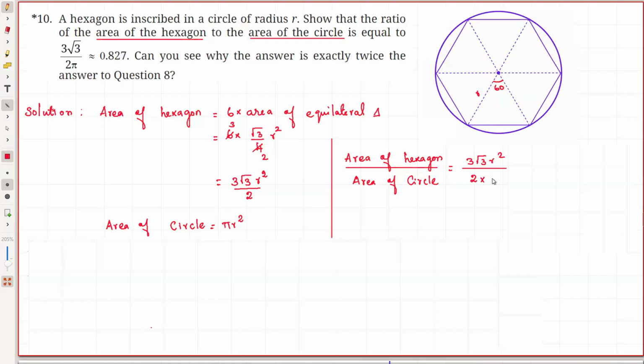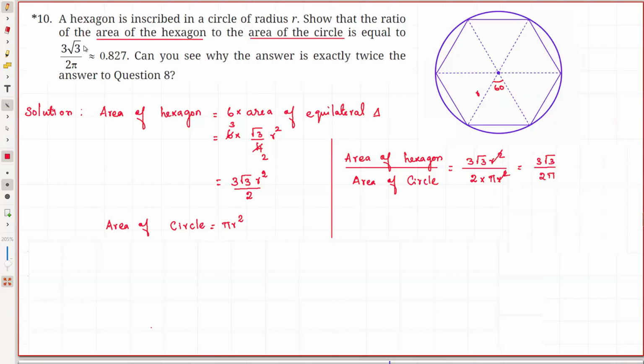Area of the circle is pi r square. Here r square gets cancelled. So we are getting 3 root 3 divided by 2 pi.